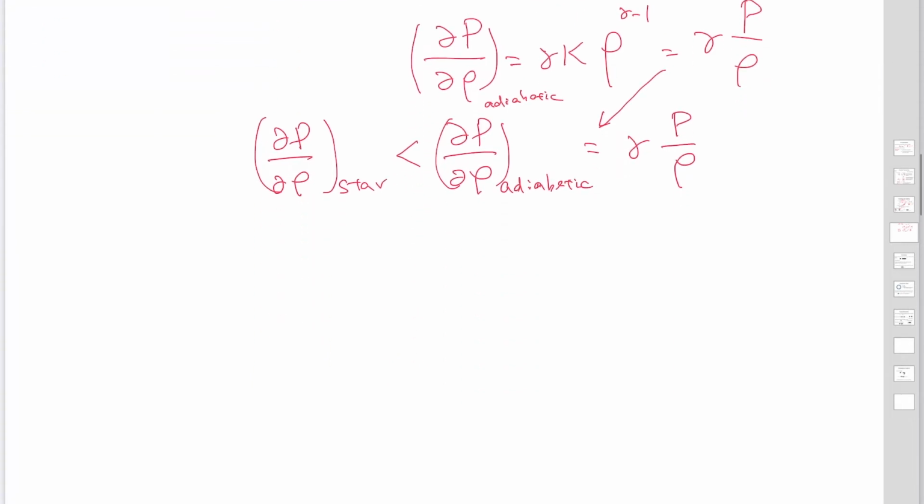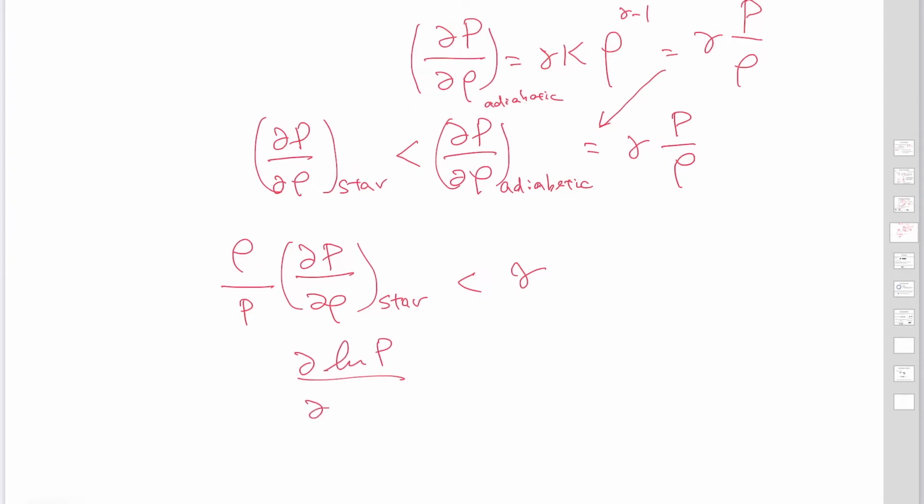So you can express this as ρ over P times ∂P/∂ρ of the star is less than γ. If you use a log, this is ∂log P over ∂log ρ* is less than γ. This is the condition for stability.